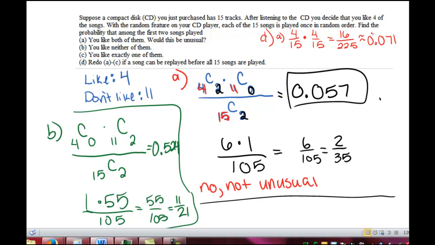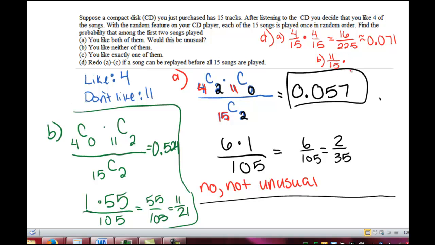Alright, for D part B, that you like neither of them. The probability that we will not like our first song is going to be 11 out of 15, because there were 11 that we did not like out of the 15. So the probability for the first song not being liked is 11 out of 15.